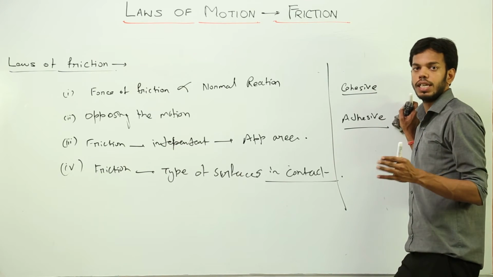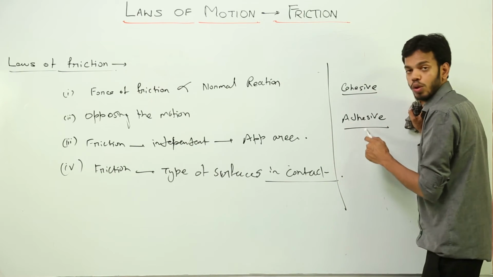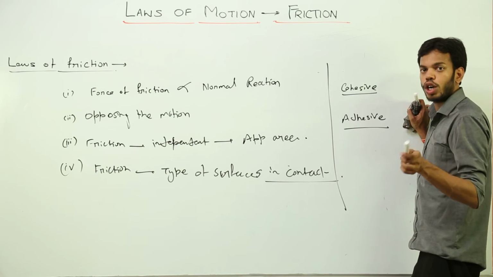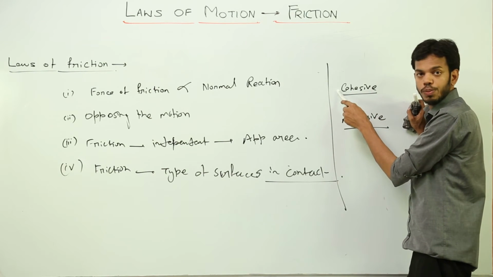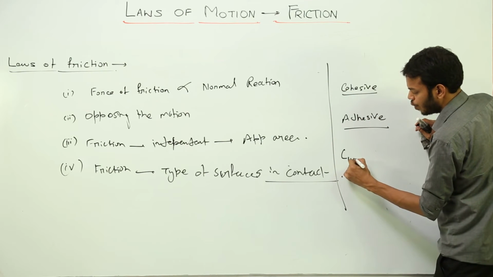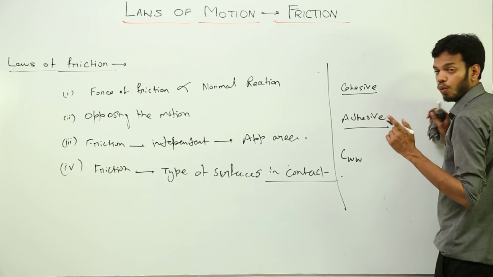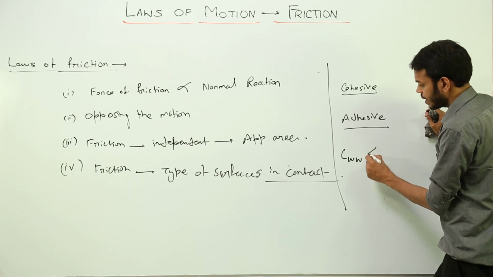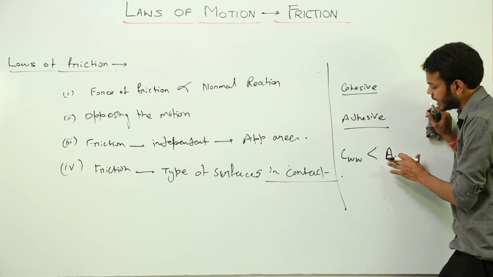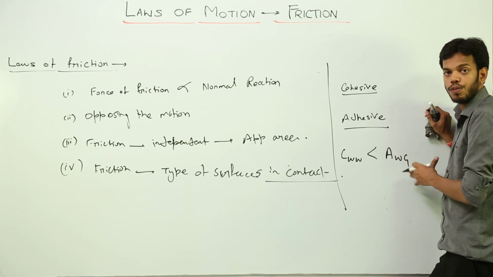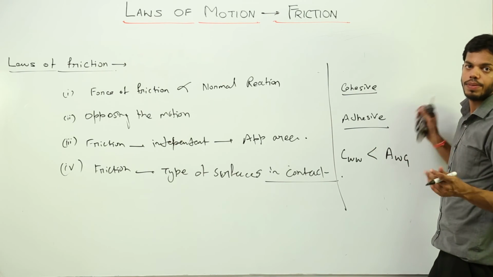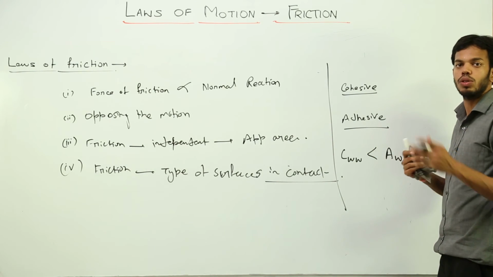So the difference is the adhesive force. In the first case, the cohesive force between water and water molecule was less than the adhesive force between water and glass molecule. So this adhesive force was stronger, that is why it overcame the water and water molecular force, and that is why the water droplets cling to the surface.